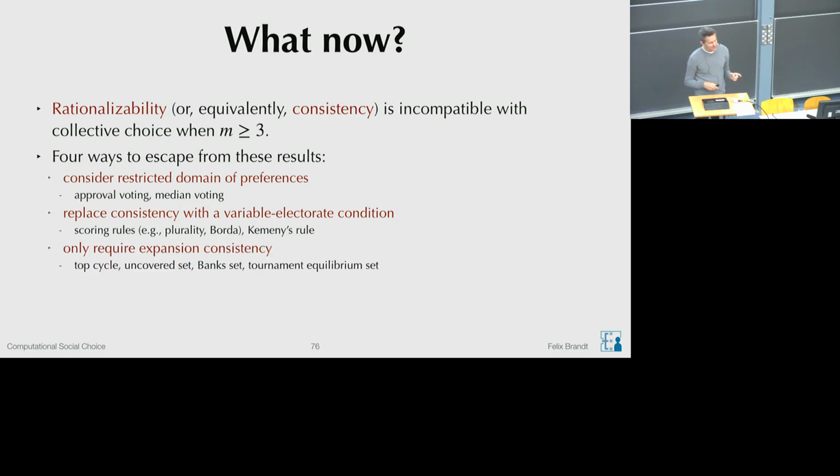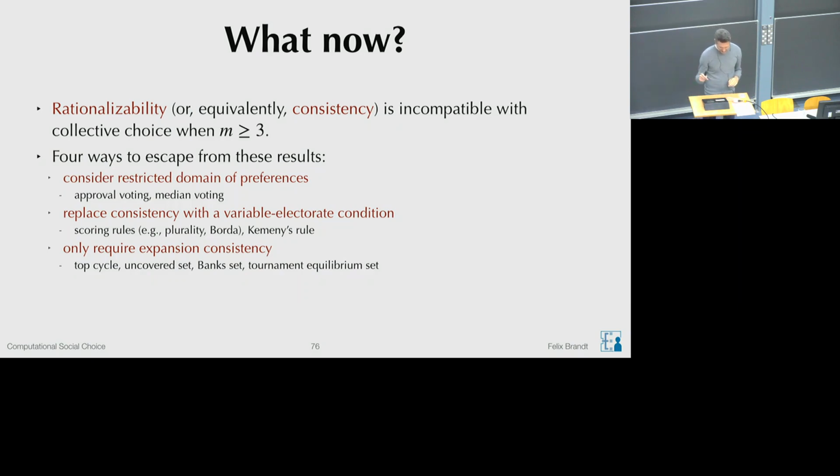Then the third escape route is really what I mentioned on the previous slide. We ignore contraction consistency, alpha, because this is really the essence of what is used in the impossibilities. So at one point we will realize that all these impossibilities, or almost all of these, still hold if we only require alpha, which is weaker than transitive rationalizability and weaker than rationalizability.